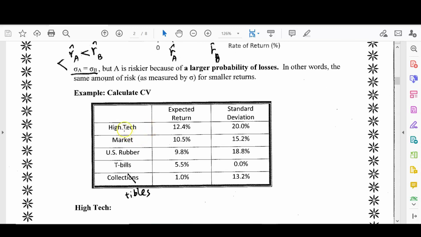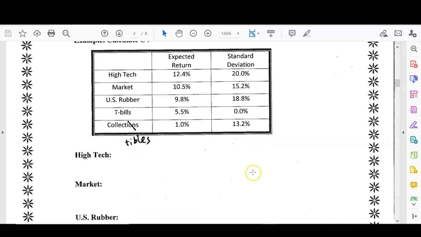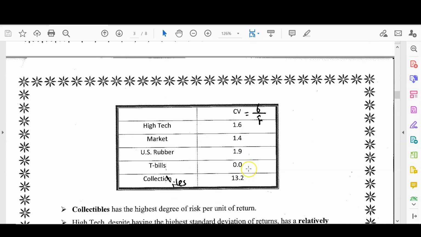So if we go to those five investments we had in the last class, in the last video, we can calculate CV based on the return standard deviation. And we can see that the CV for high tech is that and market is similar. US rubber has a higher CV because it has a lower return with higher risk.